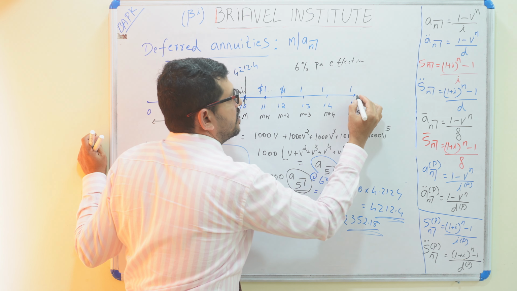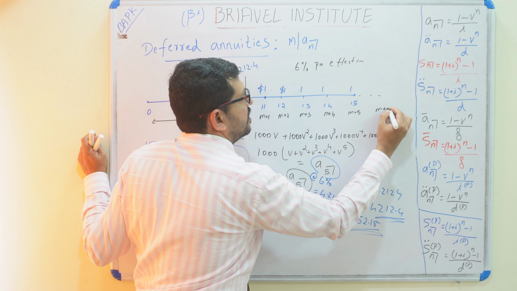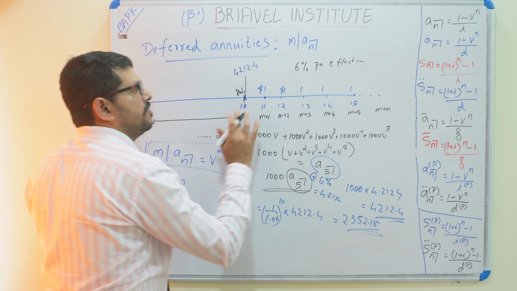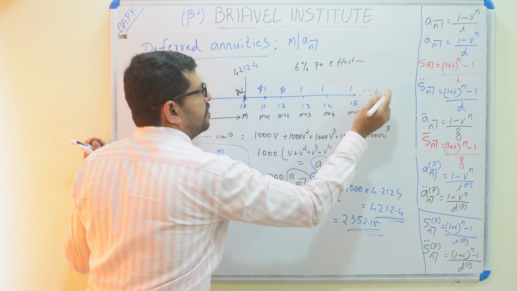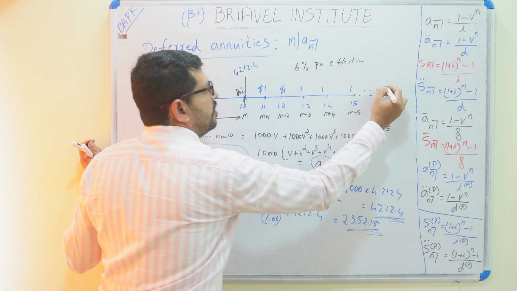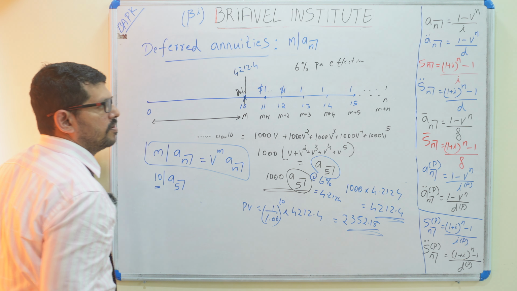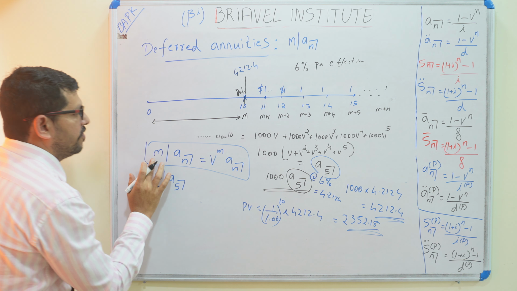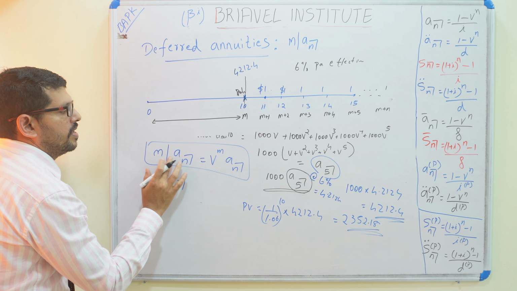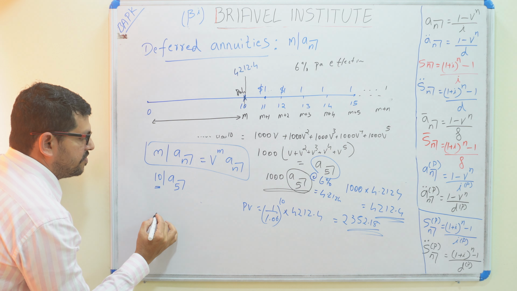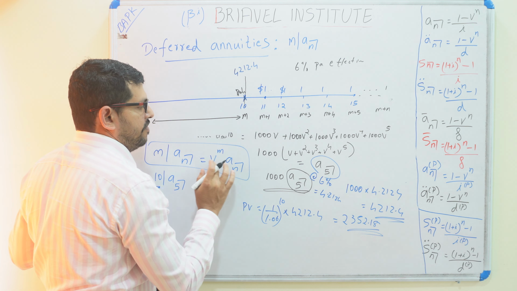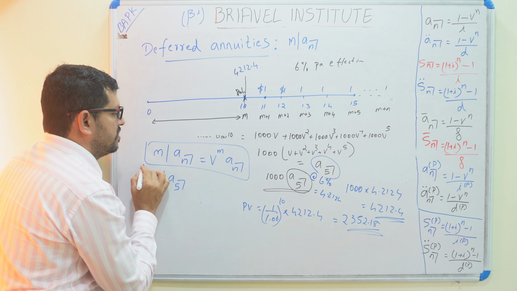I am writing up to m plus n. Then how to write the formula? It is also going up to m plus n. $1 will be paid at time m plus n also. So how to write the formula? It is v raised to m times a n.